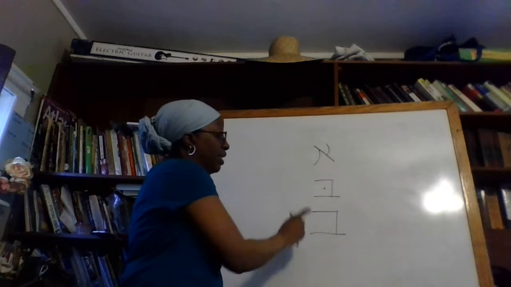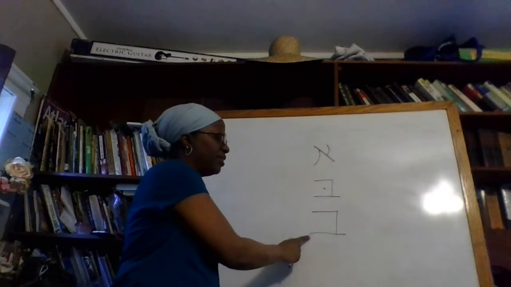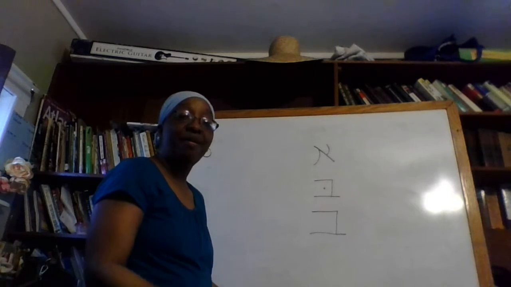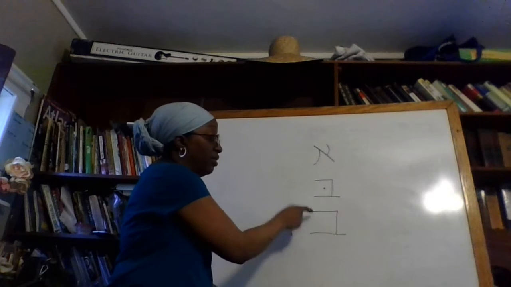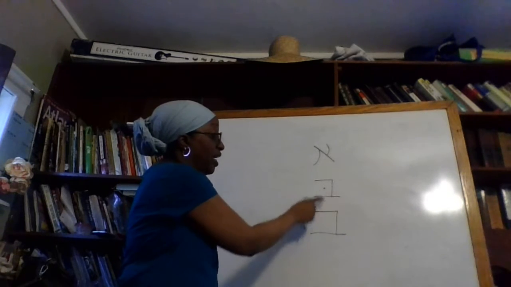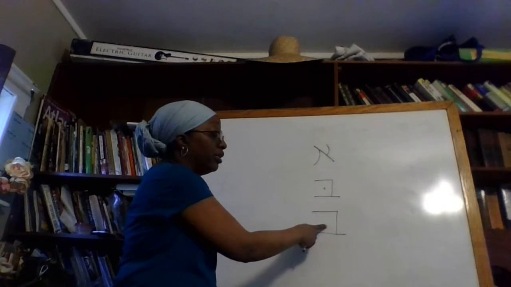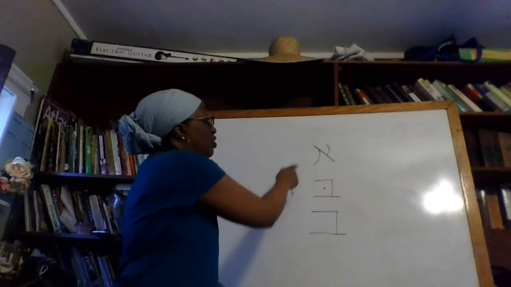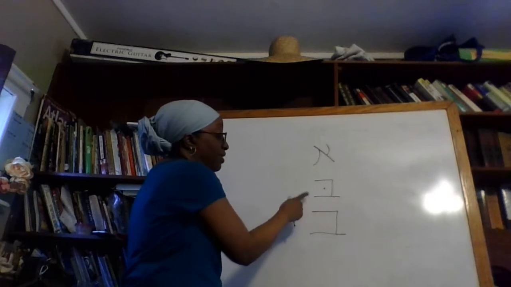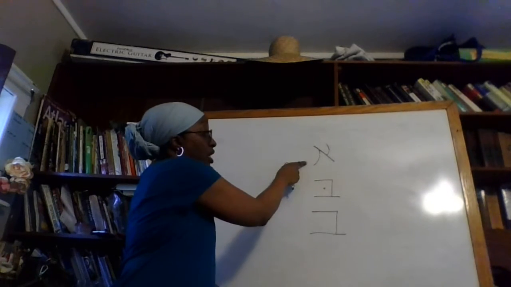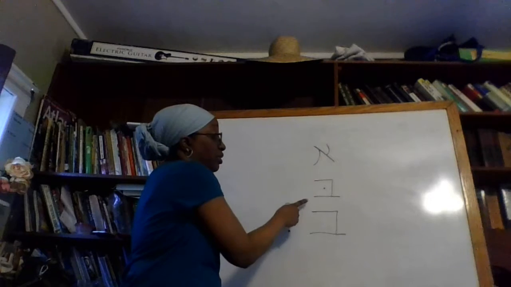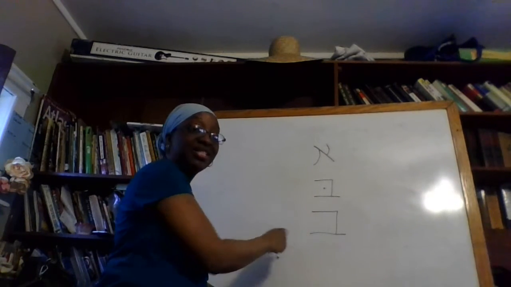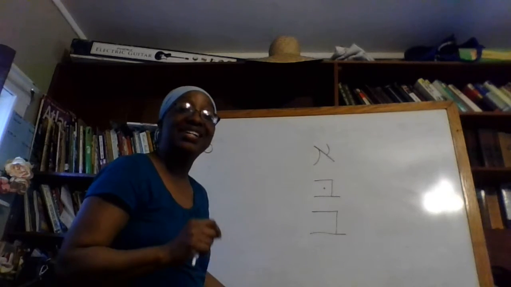So this is Bet and this is Vet. Vet makes the v sound, like in van. So Aleph, Bet, Vet. Aleph has no sound. Bet makes the b sound, and Vet makes the v sound, like in van.